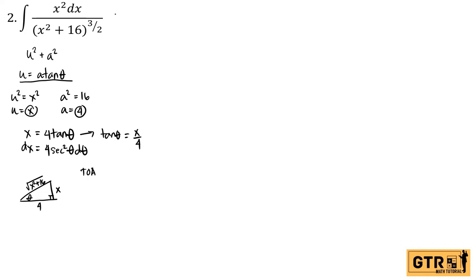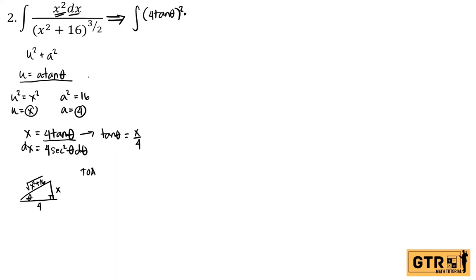Now we can transform our integral in terms of theta. This will be equal to the integral of x squared. The value of x is 4 tangent theta, so just square that: (4 tangent theta) squared times dx.